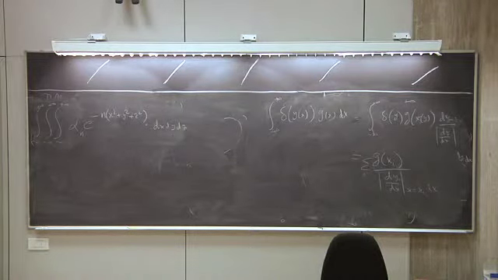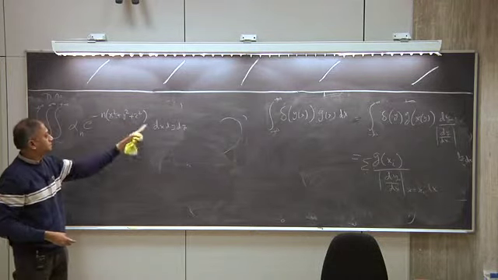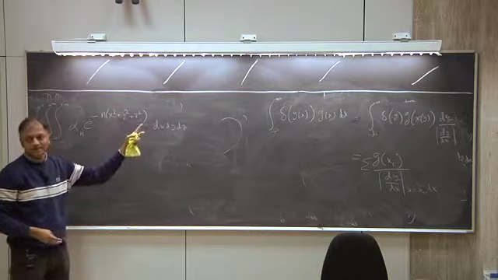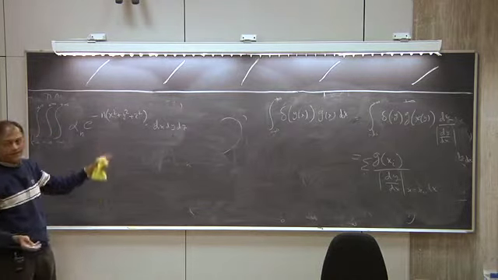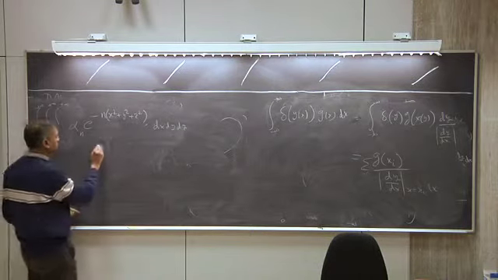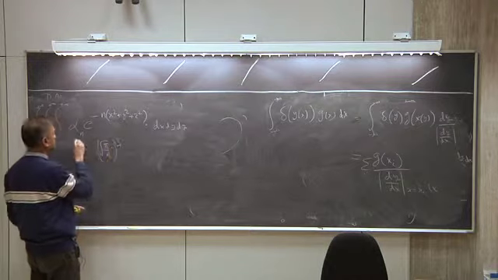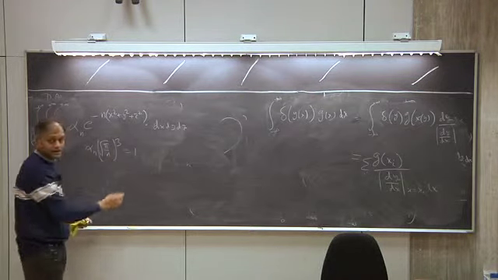Of course, these are separate integrals. You can do the x integral, y integral, z integral separately. Each of them gives you a factor of root pi by n, right? So this will give you root pi by n cubed times alpha n, and that should be equal to 1.